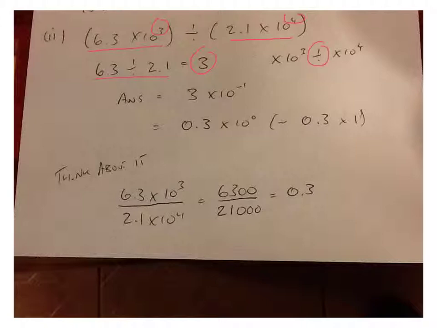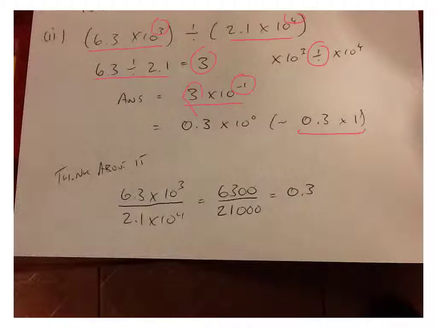So we take one from the other, and that gives us minus 1. Okay, 3 minus 4 is minus 1. So our answer is 3 by 10 to the minus 1, which is the same as 0.3 by 10 to the 0. Okay, which is 0.3 by 1, which is actually 0.3.